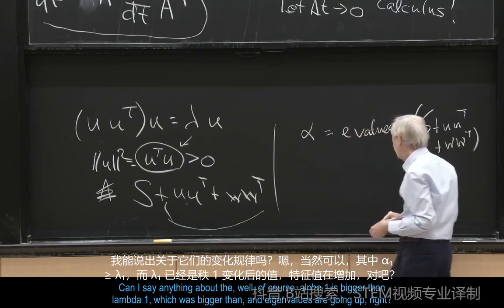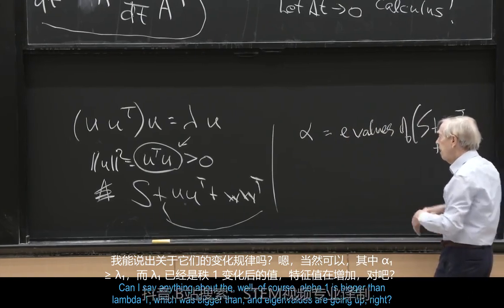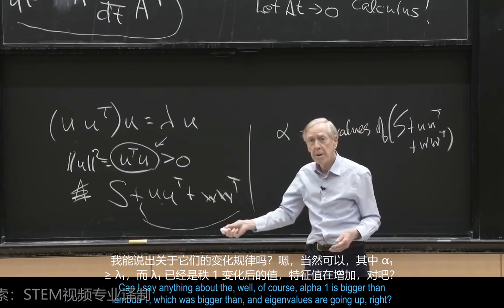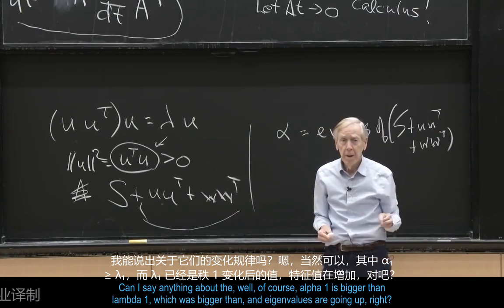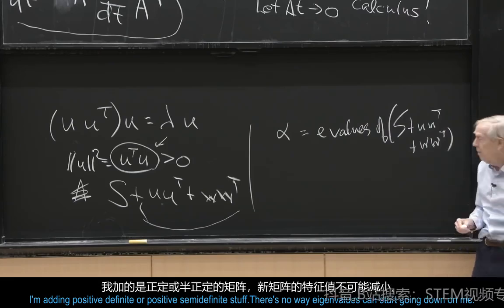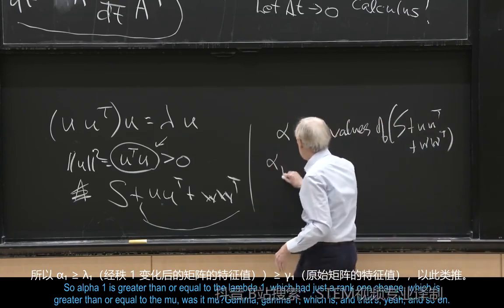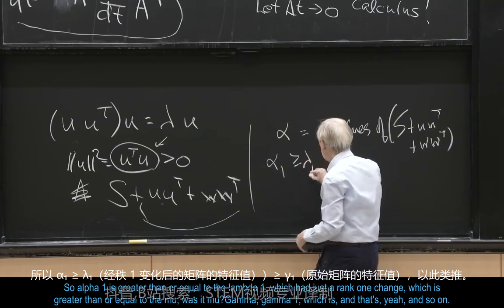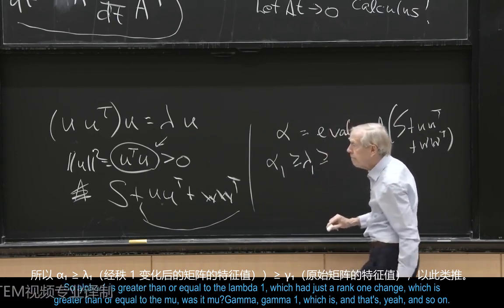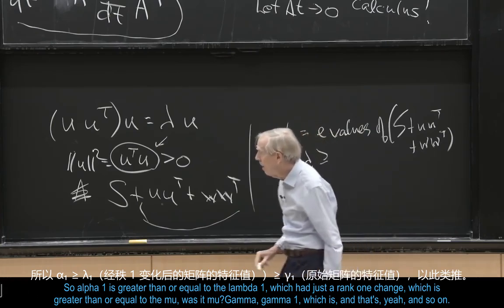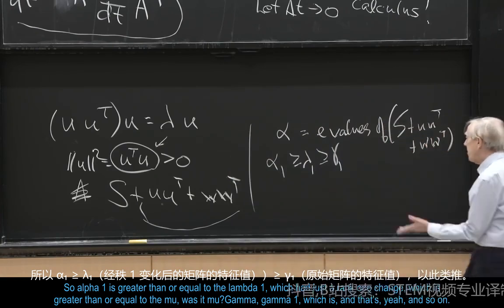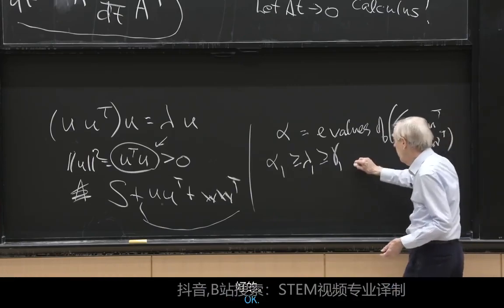Of course, alpha 1 is bigger than lambda 1, which was bigger than gamma 1. Eigenvalues are going up, right? I'm adding positive definite or positive semi-definite stuff. There's no way eigenvalues can start going down on me. So alpha 1 is greater or equal to lambda 1, which had just a rank 1 change, which is greater or equal to gamma 1, and so on.